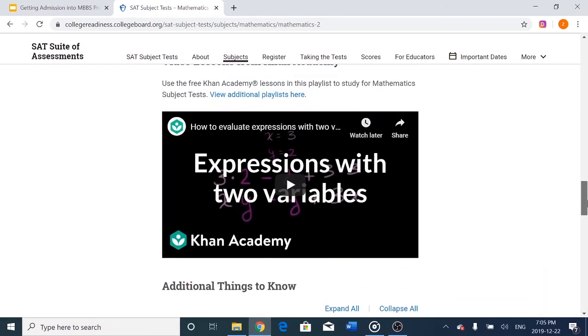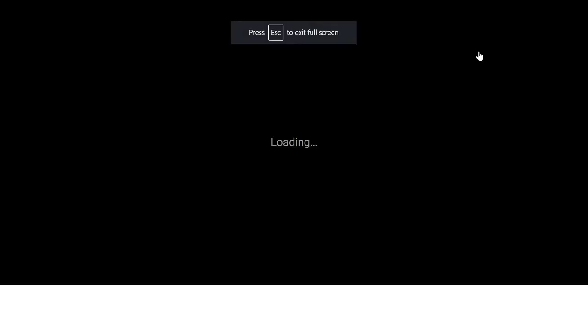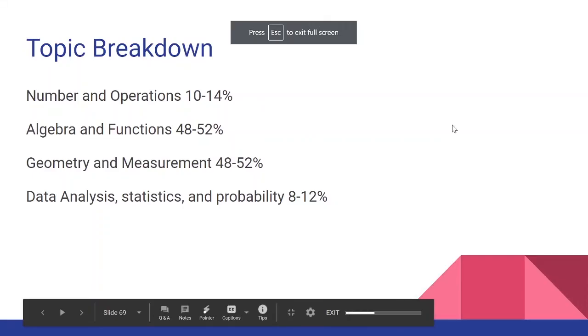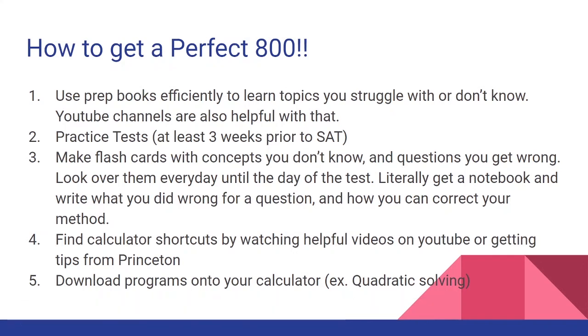The other thing is, the really cool thing about the calculator is you don't have to clear your history. So what this gives you is a chance to download really nice programs on there that might help you out in the test. So if there's a quadratic solving program, get it onto your calculator, get it onto your TI-83. It's just gonna save you time.